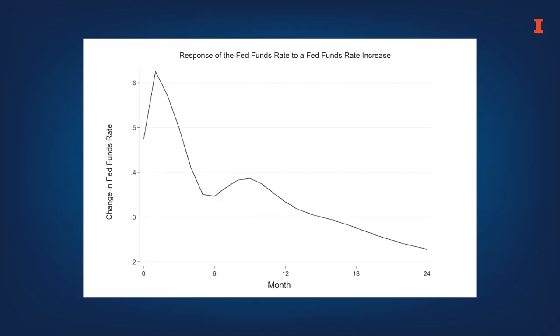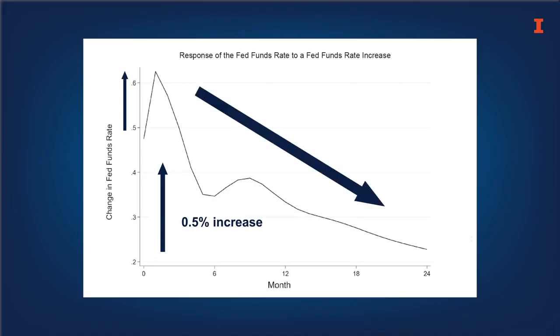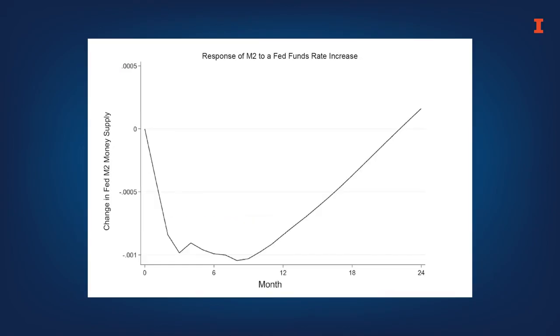The first graph shows you what happens to the federal funds rate after a one-time surprise increase of 50 basis points. Notice that the interest rate is likely to further increase in the short run. However, over time, the effect of the interest rate surprise wears off and we revert back to where we began. Here is the M2 money supply.